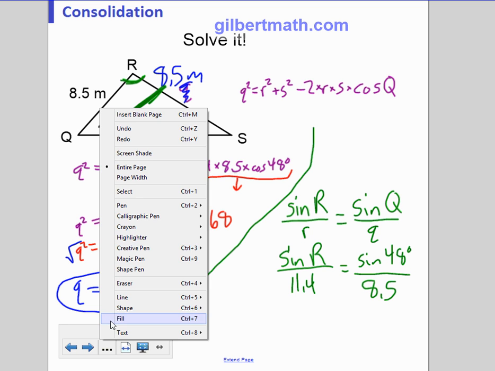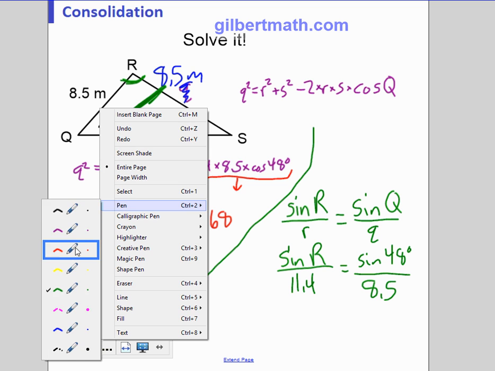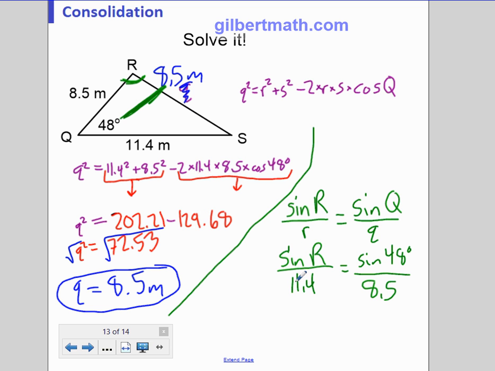All that's left from here is to isolate sine R. So I have to get rid of this 11.4. A lot of you are starting to realize that you can just bring it up and across and multiply. If you don't like that, multiply on both sides by 11.4. It crosses out and turns up over on this side, so it's the same thing as bringing it up and over. So I have 11.4, I multiply it by sine 48, hit equals on my calculator, and divide it by 8.5.